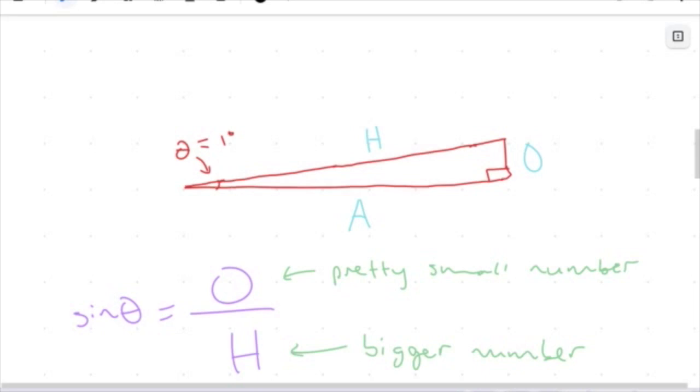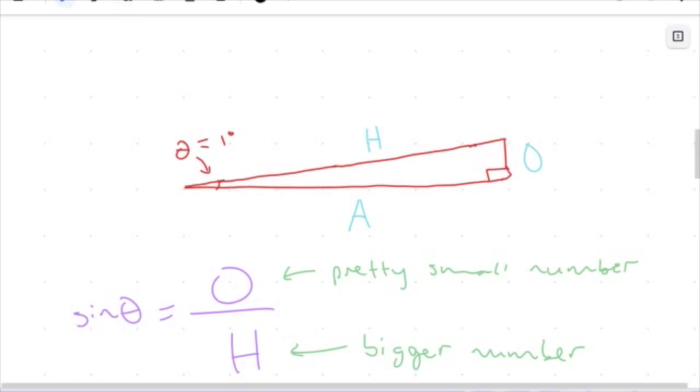So when I divide a small number by a big number, let's think of what we might expect to get as a fraction or a decimal. A small number, say 1, divided by a bigger number, maybe 20. If we pop this into our calculators, we're going to get 0.05. We're going to get a small number, a decimal in fact.